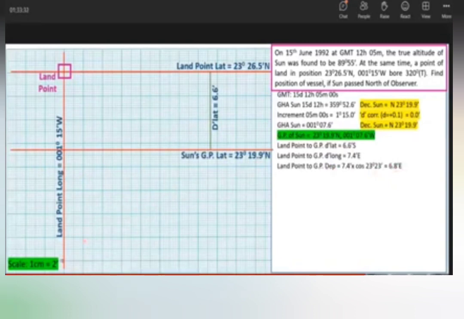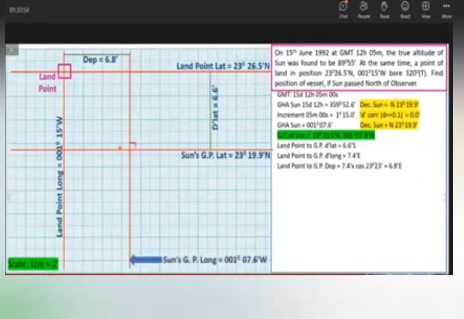Using the same scale of 1 centimeter equal to 2 miles, we come 6.8 miles to the east, and we are able to plot the meridian of the GP. Where the meridian of the GP intersects the parallel of the GP, obviously this is the point where we have the GP of the sun.